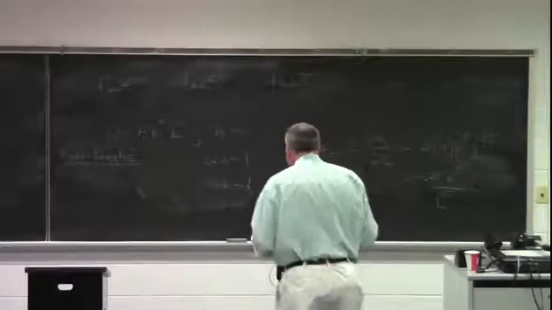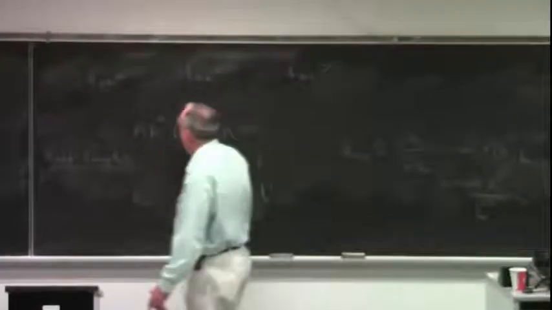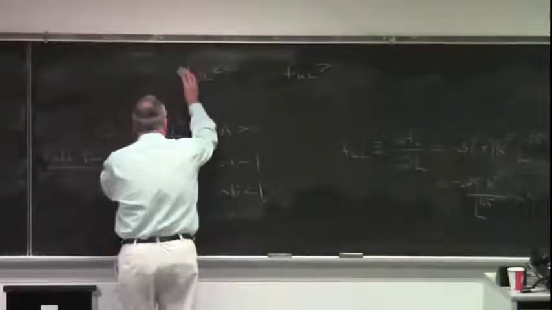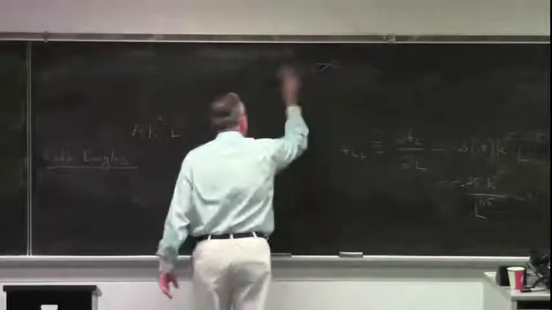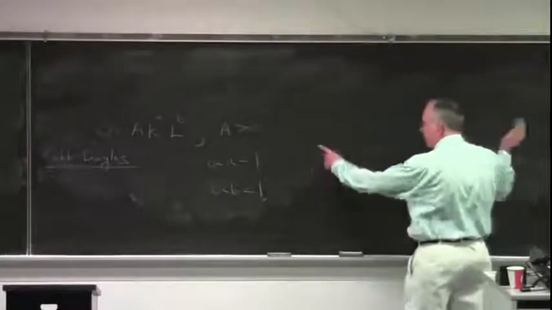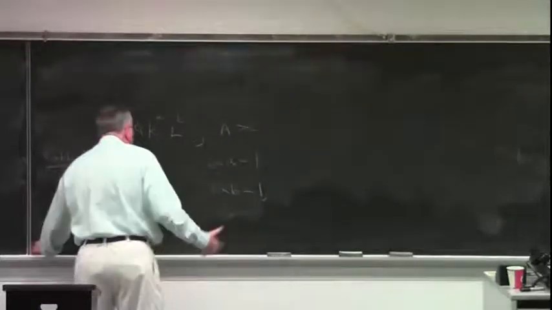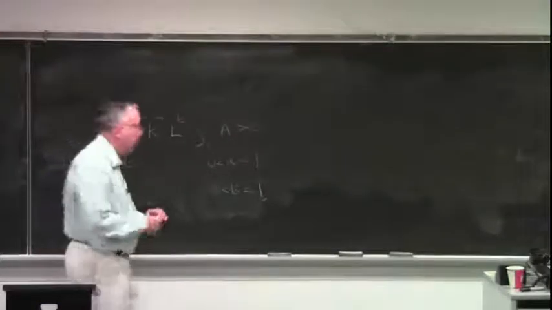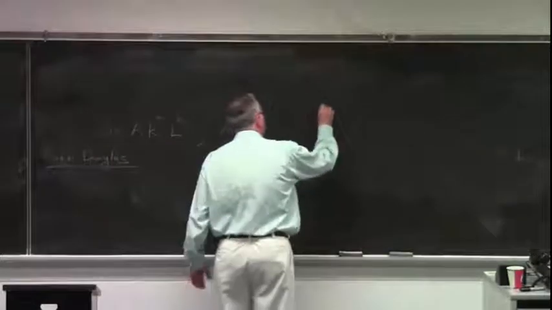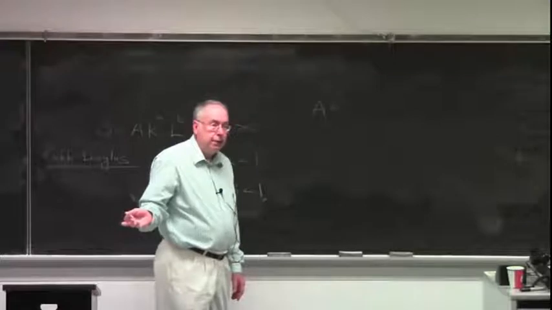Now, in the particular case that we just went over, what were we assuming about capital A, and little a and little b? This is the general form of the Cobb-Douglas. The example we just went over, we assumed that capital A was equal to what? 1.